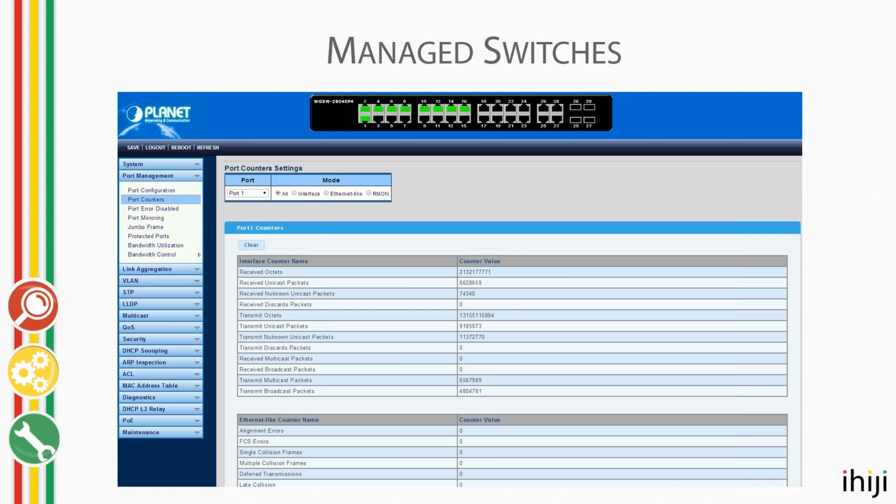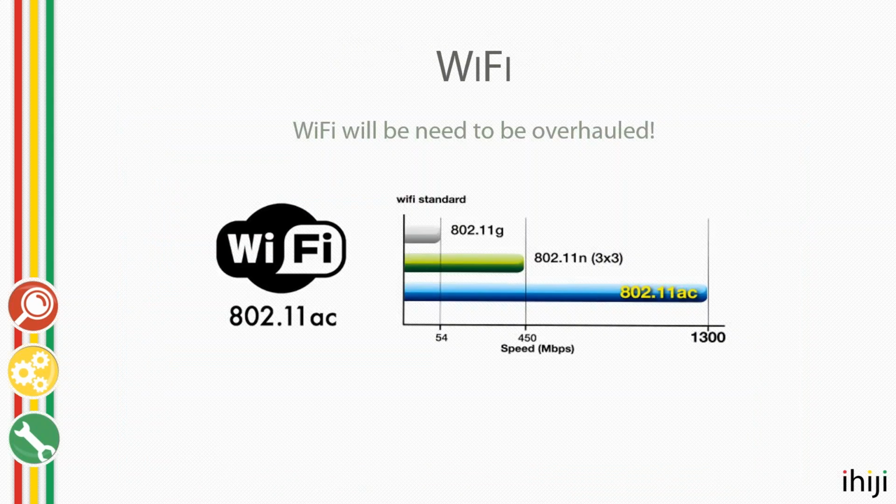You can identify that information on a managed switch. So the ability to get added visibility is really important, and that's why we highly recommend managed switches. You can also take the managed switches in the PoE world and do power cycles, which is another added benefit.